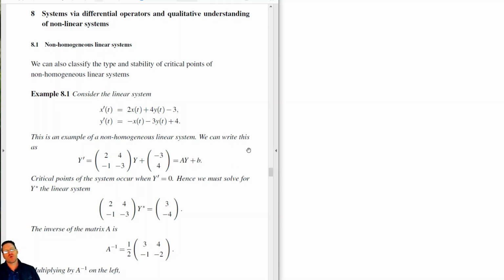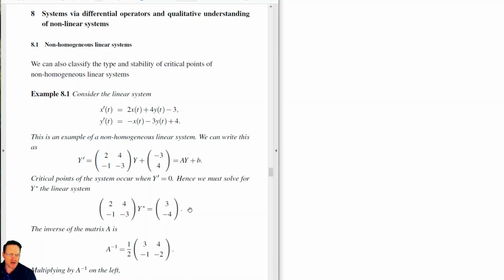And now the critical points of this system, or the equilibrium solution, occurs when y dash is equal to 0. So what we need to do is solve the system Ay plus b equals 0, 0, meaning that we take the b over to the right-hand side of that equation. And in this case, we've got 2, 4, minus 1, minus 3, y star, where the star means the critical point.